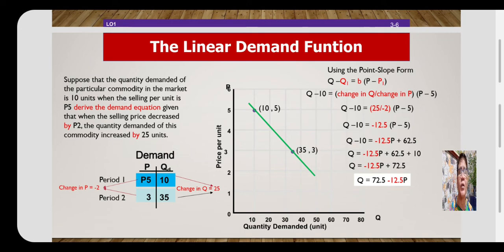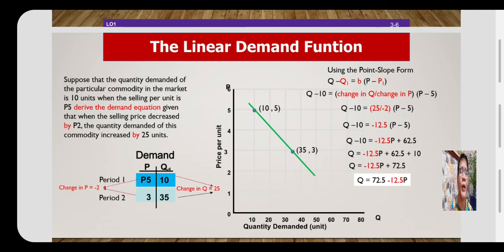And so substituting the values of 25 and negative 2 to the corresponding change in Q and change in P given in the problem, we can now have this equation stated as Q minus 10 is equal to 25 over negative 2 times P minus 5.